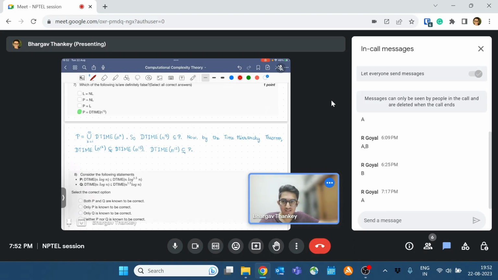Then for a very large i, for Li, you would need n to the k times i time. And since i is increasing, this will keep on increasing. So just because 3-SAT is solvable in n to the k does not mean all of NP is solvable in n to the k. All you can say is that all of NP is in P.